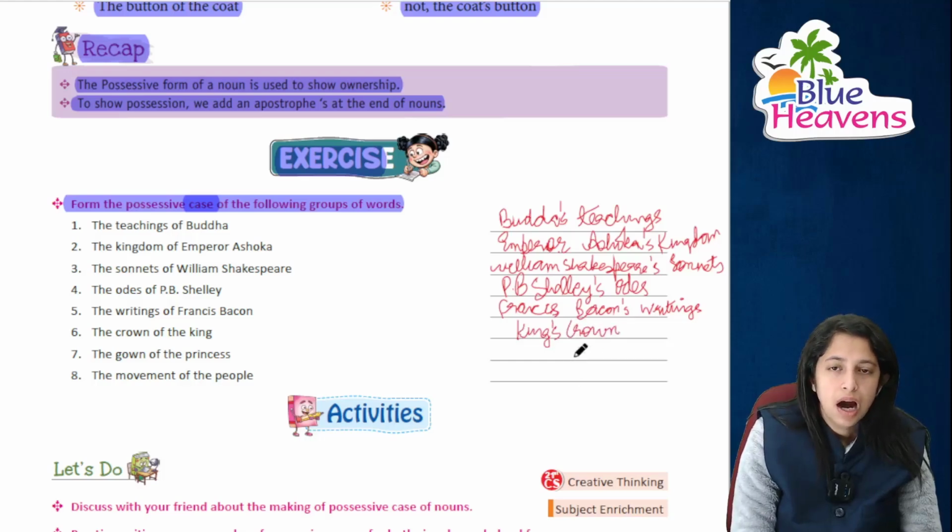Next is the gown of the princess, princess's gowns. The movement of the people, people's movement, right?